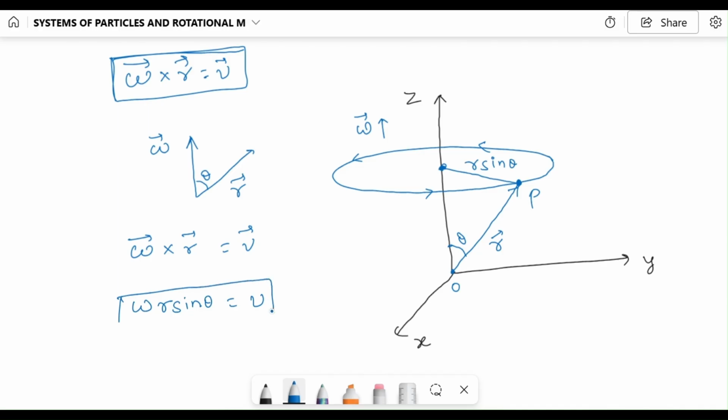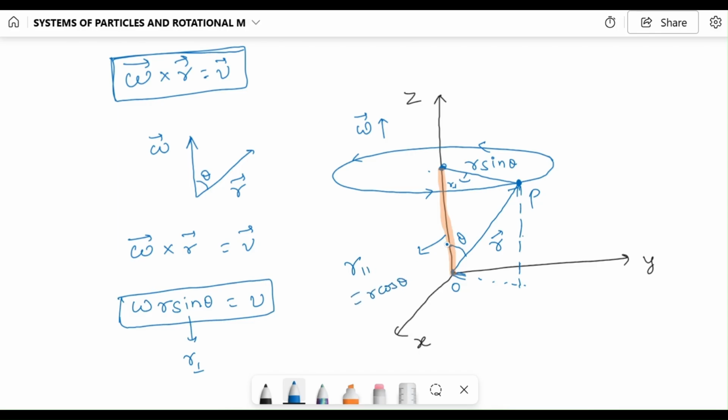This is what we want to know in the general case where the origin does not coincide with the center of the circular path. This is r perpendicular, the perpendicular component of the position vector, and this will be r horizontal, which is r cos theta.